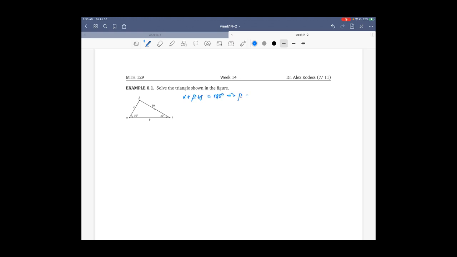Therefore, beta from here is 180 minus alpha minus gamma, which is 180 minus 50 minus 30 degrees, which is 100 degrees. So this is an obtuse triangle. Angle beta is over 90 degrees. All right, so once again, beta equals 100 degrees.